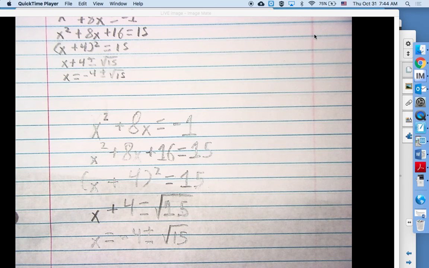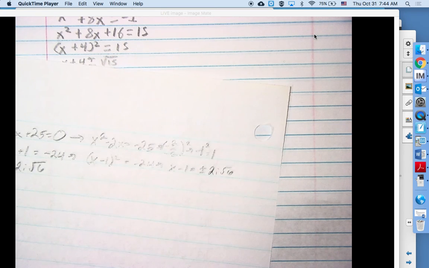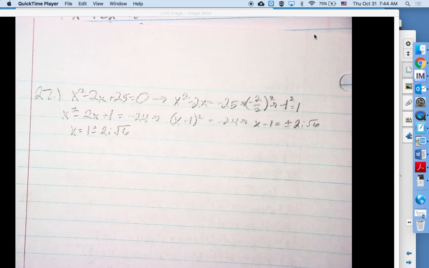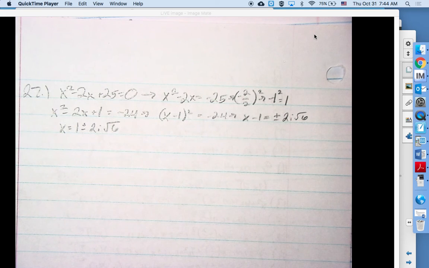So Peter has 27, the last problem, which had an imaginary answer. So 27 was x squared minus 2x plus 25 is equal to 0.